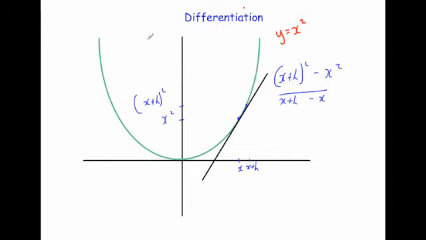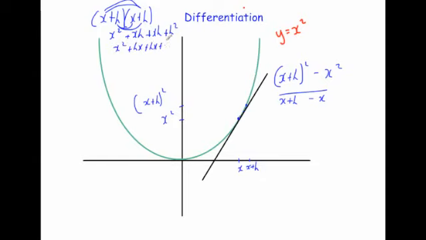And let's work out what that would be. Expanding the brackets, x plus h, bracket x plus h, would be x squared plus hx plus hx plus h squared.